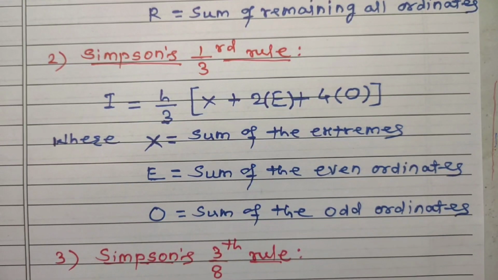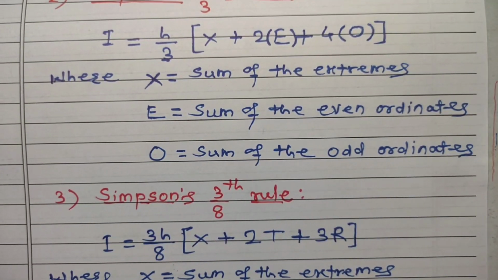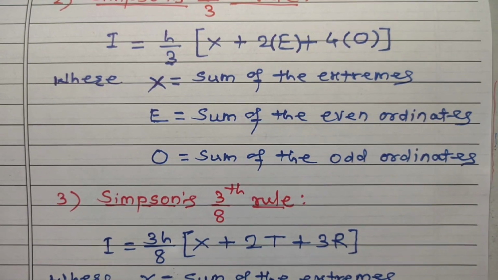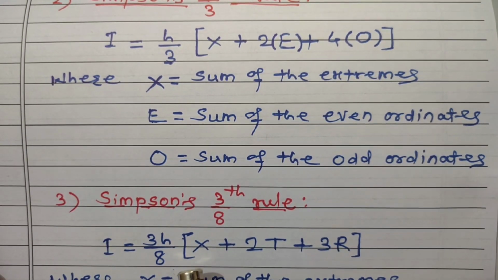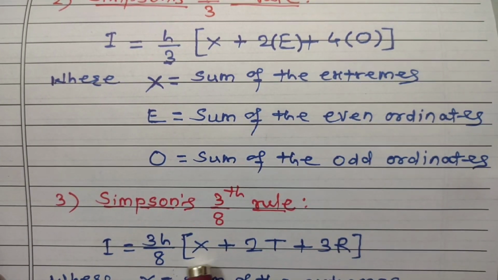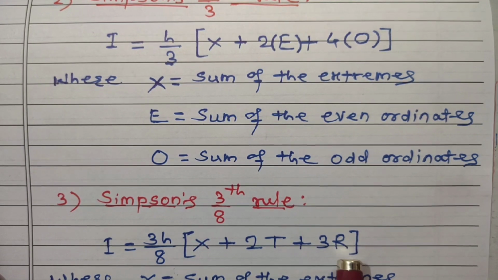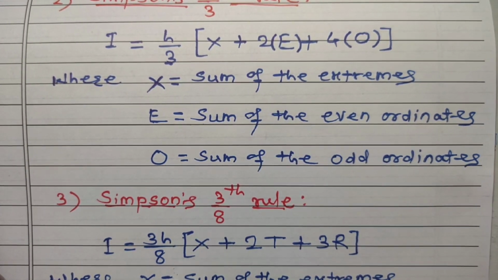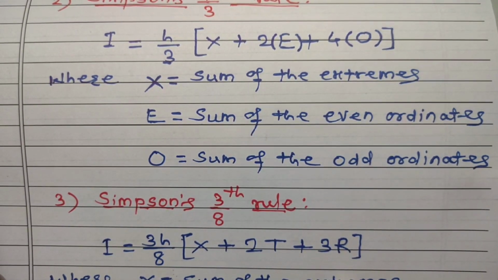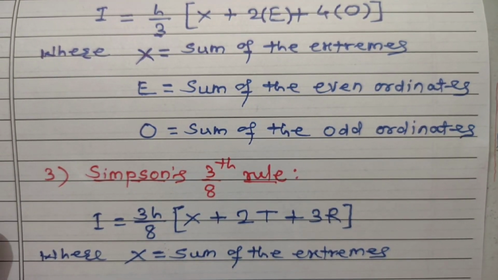And then third rule is Simpson's 3/8 rule. By applying this formula, you can find value of integral I using this: 3 times h divided by 8 into bracket capital X plus 2 times capital T plus 3 times capital R, where capital X is sum of the extremes or sum of first ordinate and last ordinate.